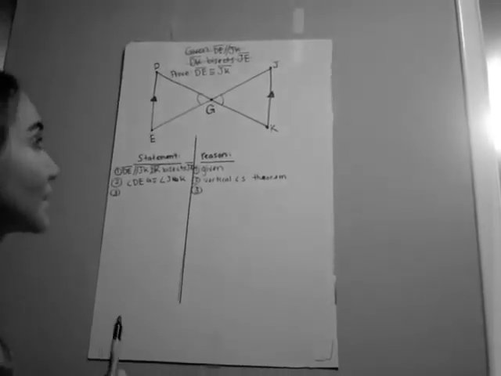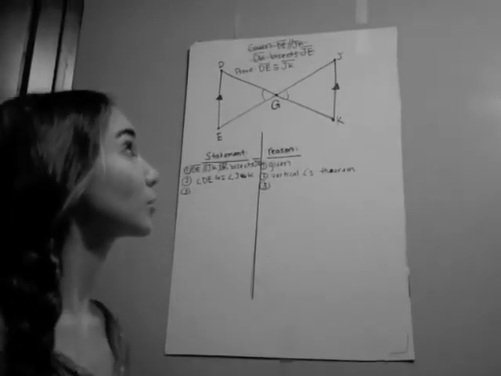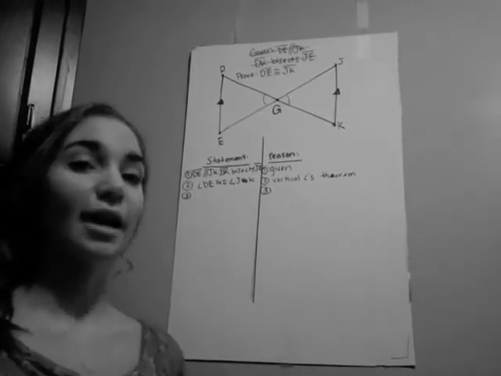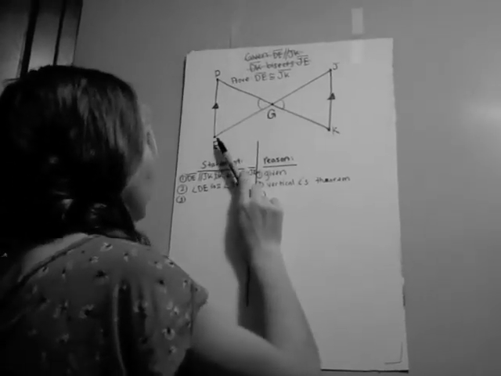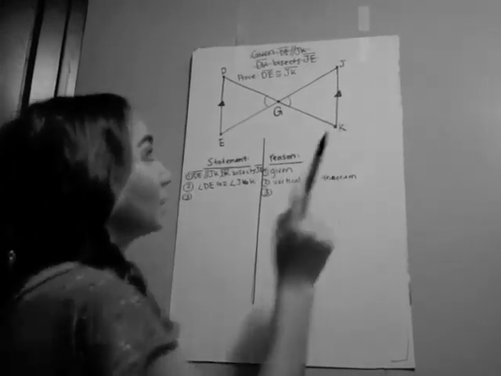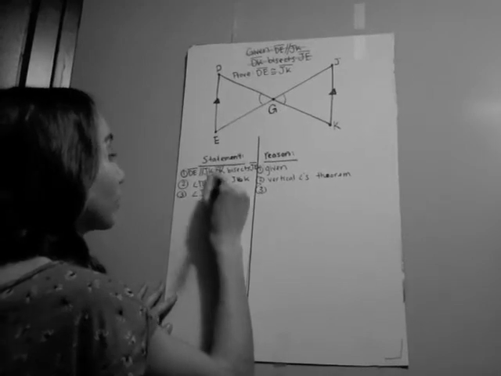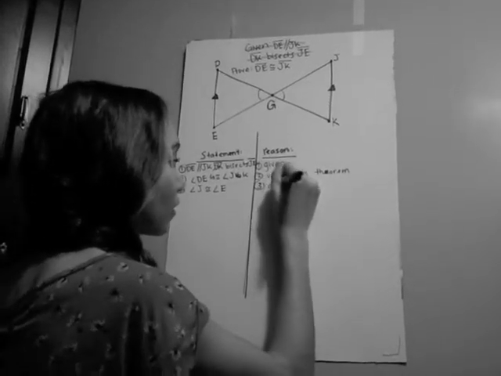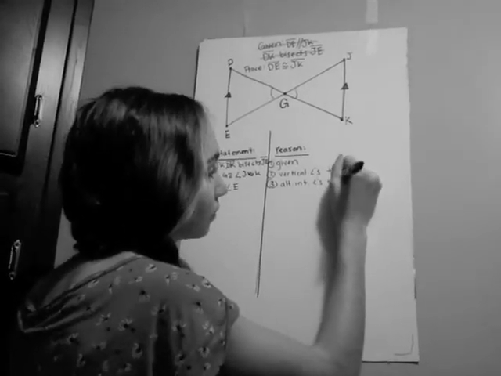Usually in the given, if it says that two lines are parallel, you're going to use your transversal theorems. And by using alternate interior angles theorem, you can say that angle J is congruent to angle G, or angle D is congruent to angle K. I'm just going to say that angle J is congruent to angle E, and that would be alternate interior angles theorem.